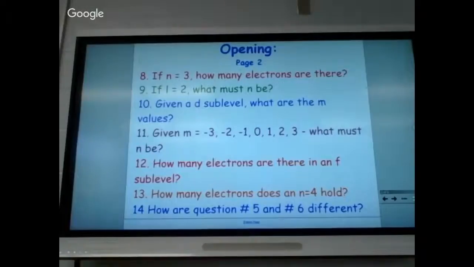I don't need the practice. Yes, you are. What's L equals 2? What is L? So it must be 3. It must be 3.